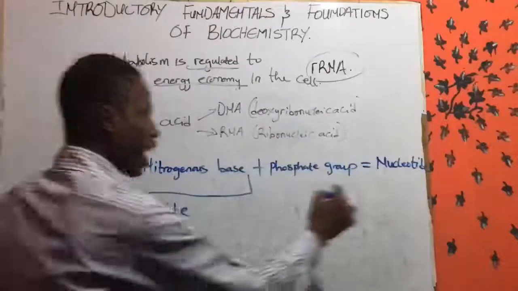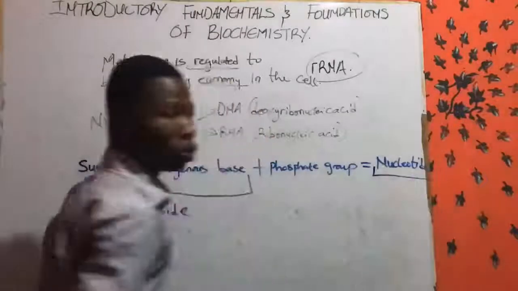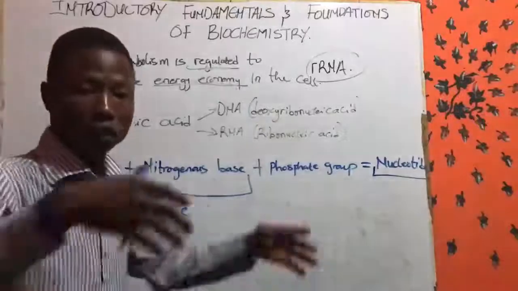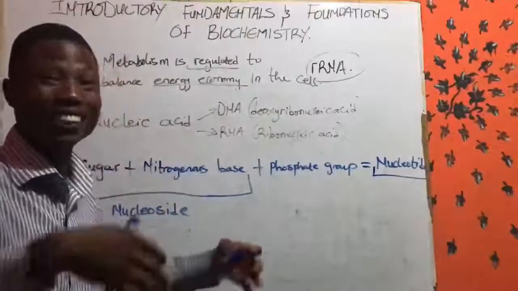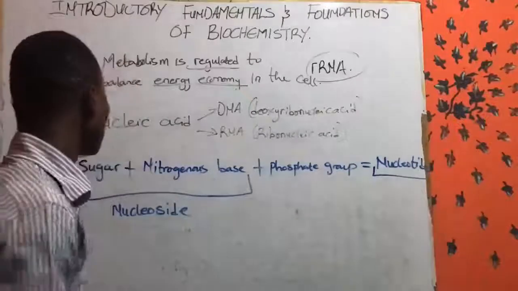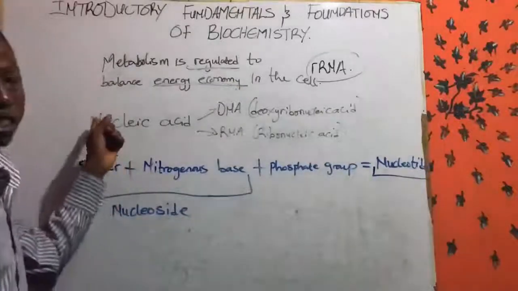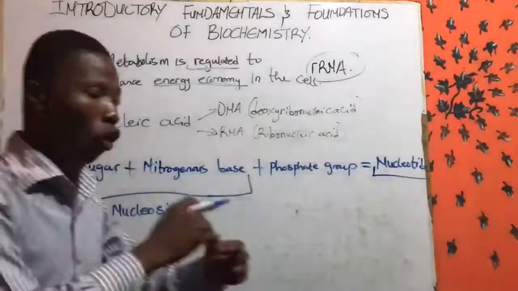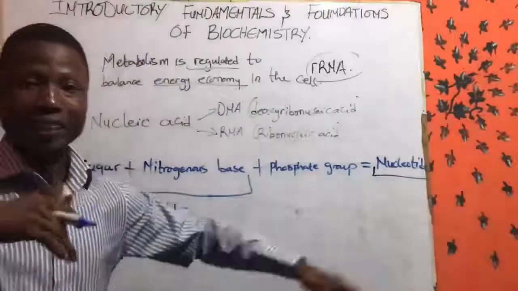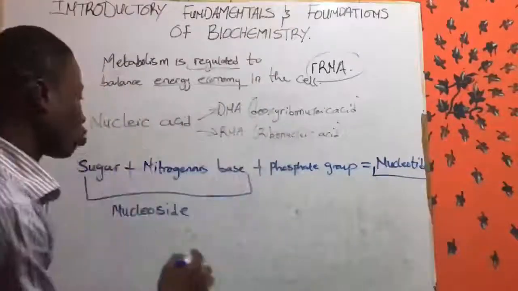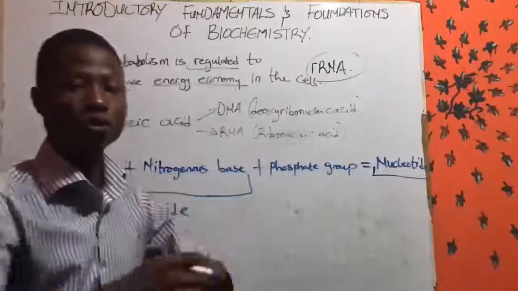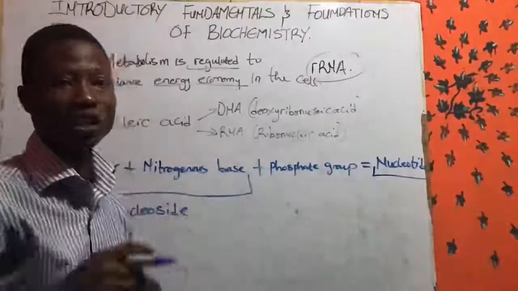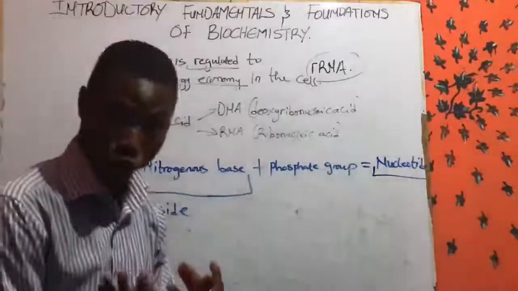Now, nucleotides will merge. Your cell has a way of condensing nucleotides together to give you what? Nucleic acids. Now, nucleic acids occur in strands. They are complementary strands, a double helix. It coils together to give you your double helix, which then supercoils to give you your chromosome.